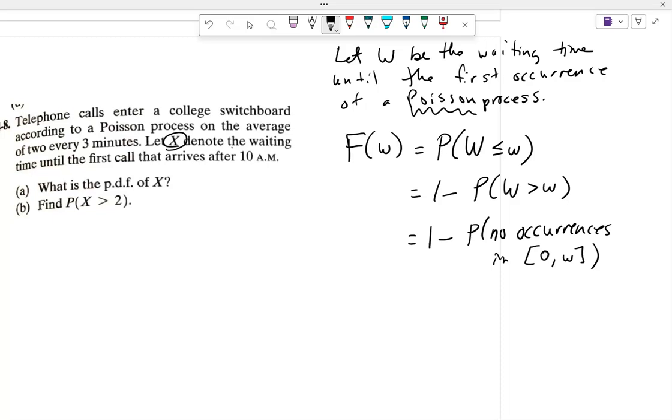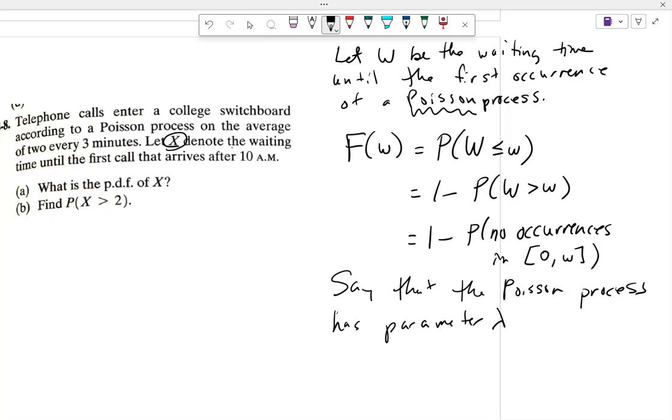So let's say that the Poisson process has parameter lambda on the interval from 0 to 1. So let's think of 1 as being my unit time interval, whatever that happens to be.